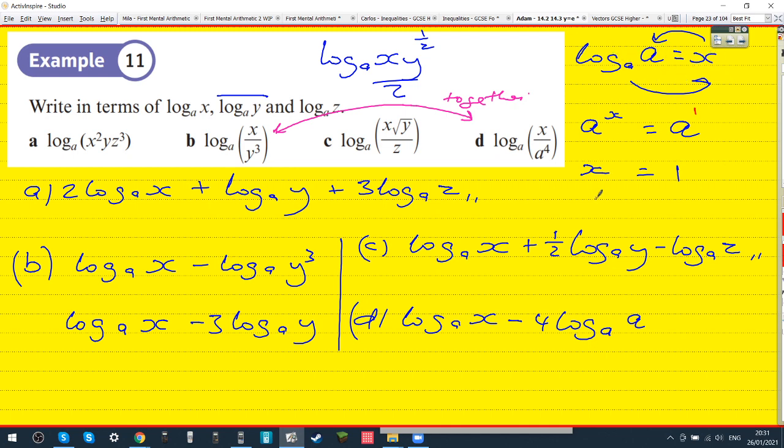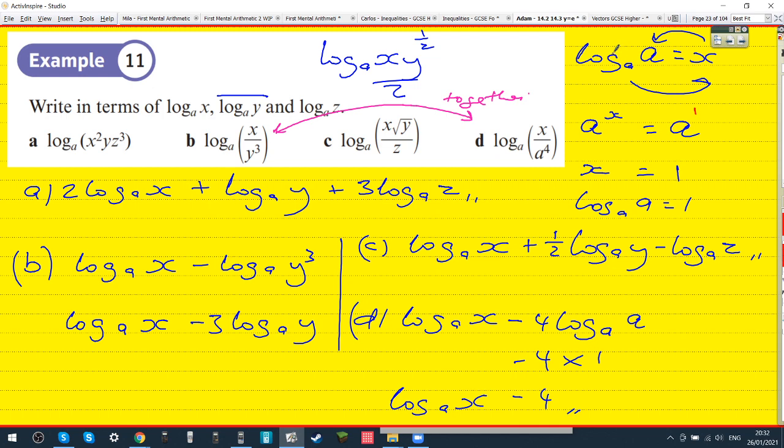Yeah. And so log a base a equals 1. Okay. And so that is 4 times 1. And so final answer, minus 4. So that's minus 4. And don't forget this bit, log ax. Yeah. What did we just prove there?